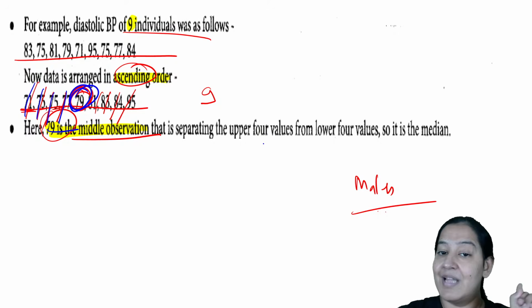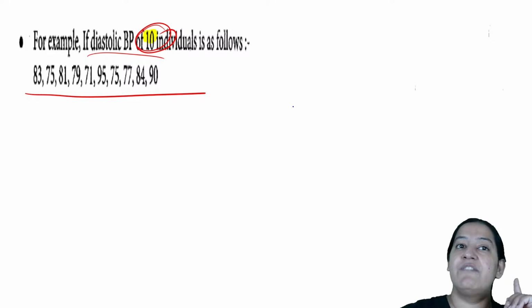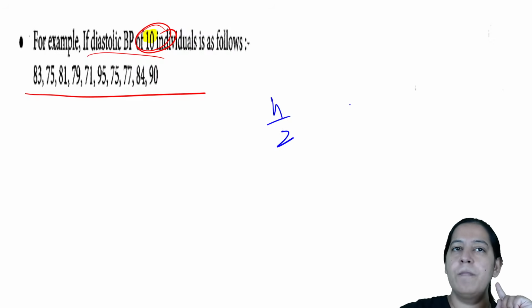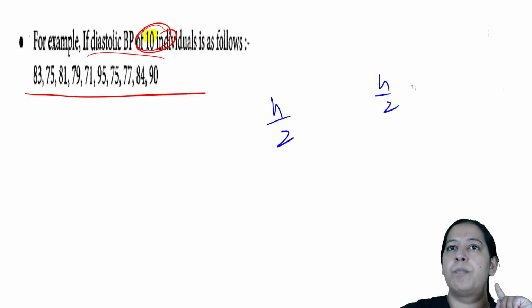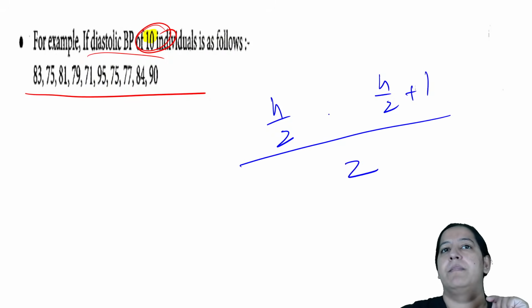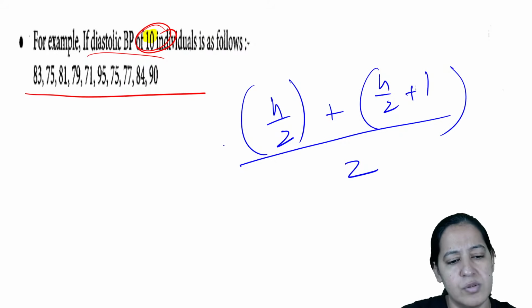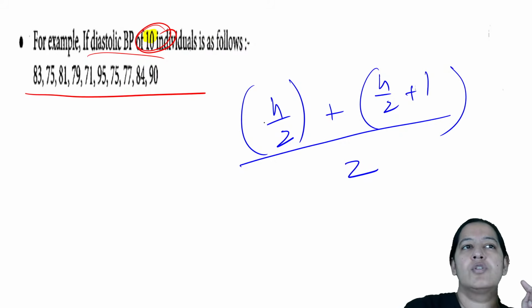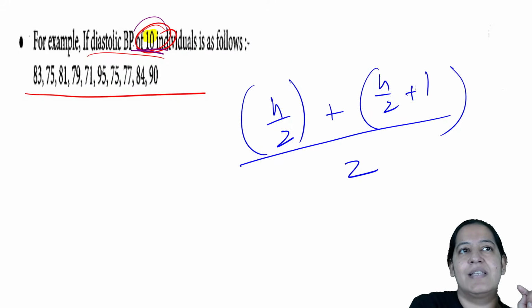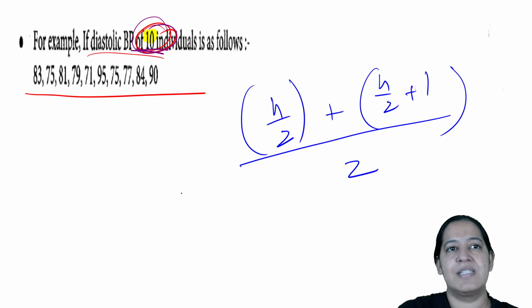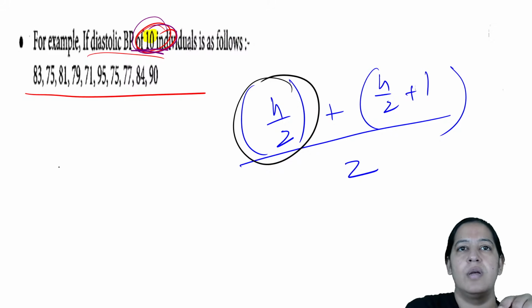Give me a thumbs up. That is for odd. That is for even. Even के लिए what is the formula? N by 2 and n by 2 plus 1, and the average of both of them. This is the formula. It is complicated, I know, but how to solve it? Okay, let me tell you. What is the n here? N is 10. First do 10 by 2, which is 5.